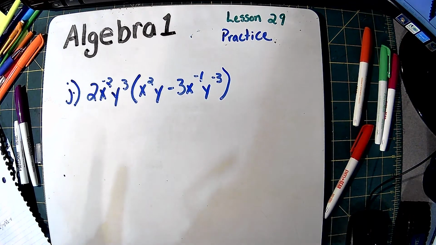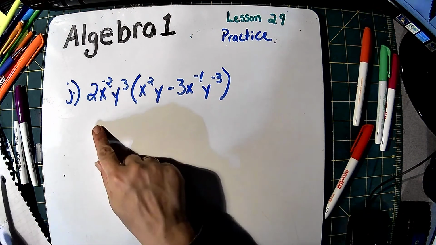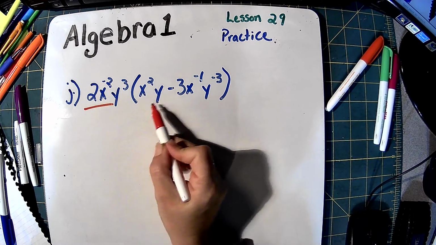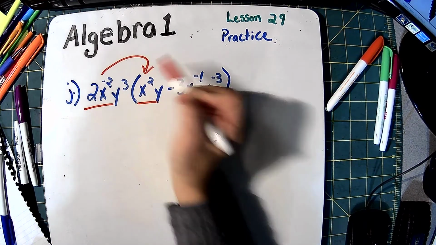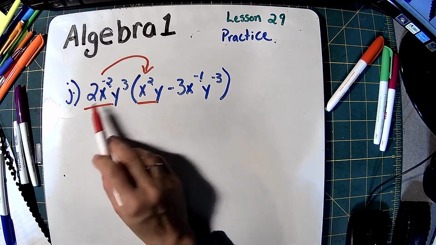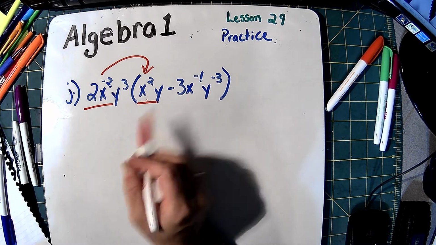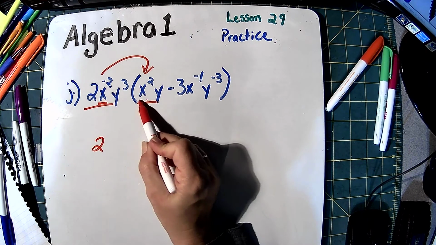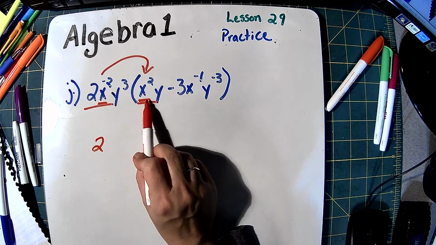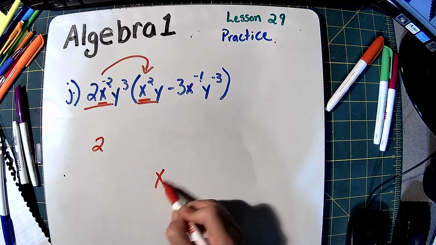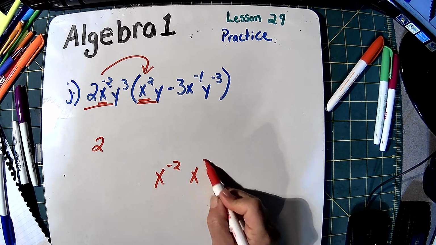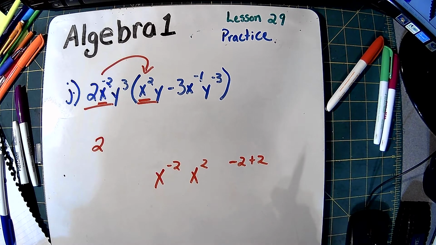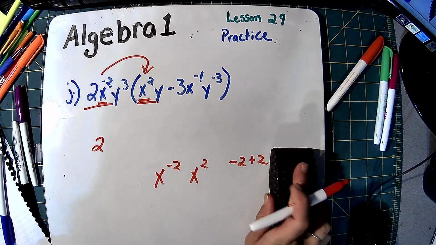Okay, so remember, we're multiplying this first term times these two terms. So right here we're multiplying that times that. That's our first rainbow. So really we have 2 times the implied 1, so that's just going to be 2. And then we're doing x to the negative 2 times x squared. So that's going to be negative 2 plus 2, which is going to equal 0. That means we don't have any x's on this first one.